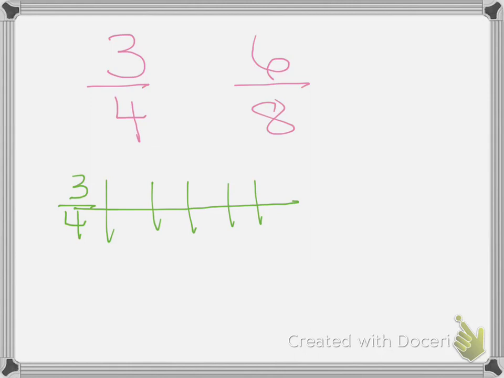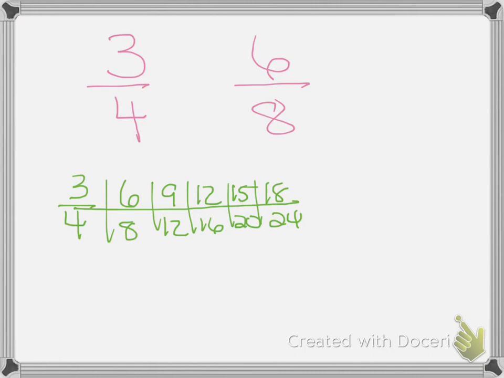So I'm going to count by 3: 3, 6, 9, 12, 15, 18. I usually count on about 5 or 6 of them. And then I'm going to do my denominator, 4. So I'll go 4, 8, 12, 16, 20, and 24. What I've done here is come up with all of these equivalent fractions for 3/4. So I've found all these fractions that are equal to that 3/4.